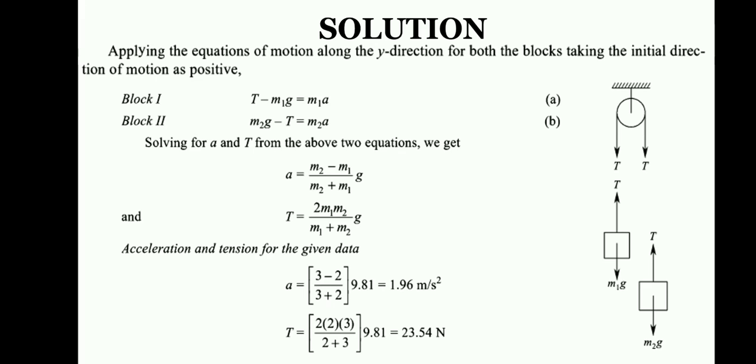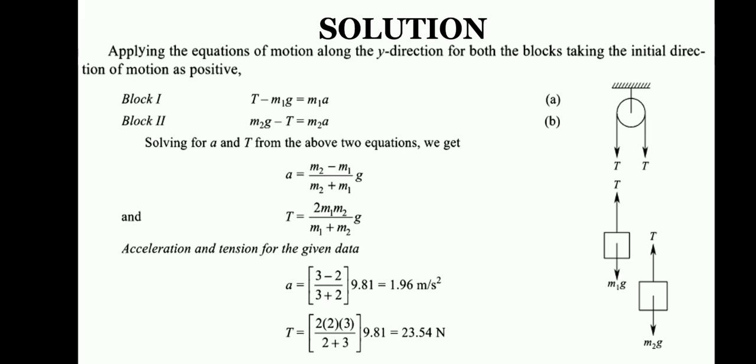So m2g is taken as positive, and tension is opposite to the direction of motion, so tension is taken as negative. So the net force equation for the second block is m2g minus T equal to mass times acceleration. The mass of the second body is m2 and acceleration is common. So the second equation is m2g minus T equal to m2a, taken as equation B.